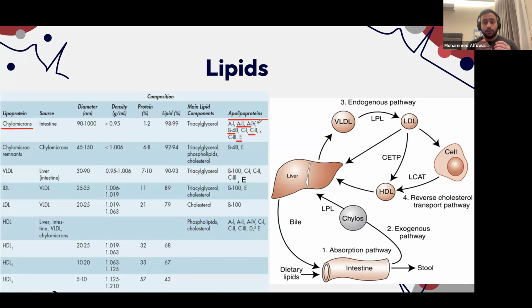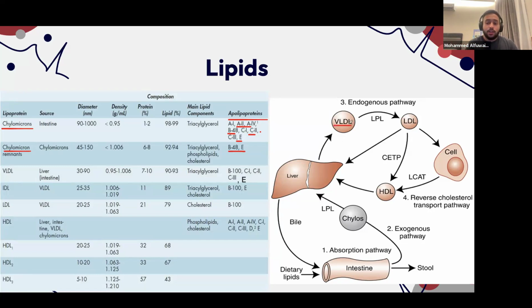And it breaks down all the lipids inside the chylomicron, and it turns this chylomicron into a chylomicron remnant, which only has B48 and E. Okay. Now, in the liver, it received all these lipids, the triglycerides, the cholesterol.